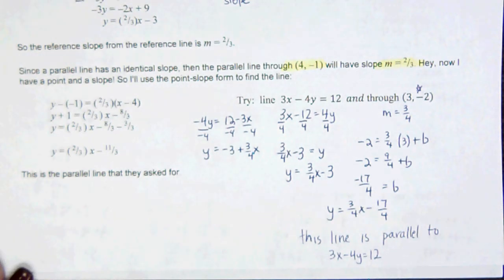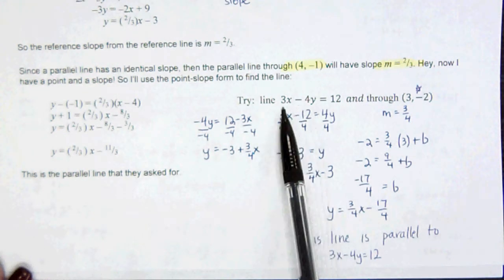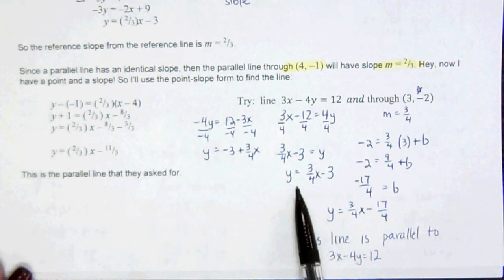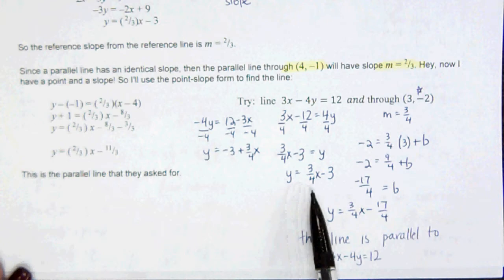So in order to come up with that, a couple of things I had to do. Last chapter, why did we ask you to use your properties and solve for y? So that we could get an equation into y equals form, so that we could look at it and say that is the slope.